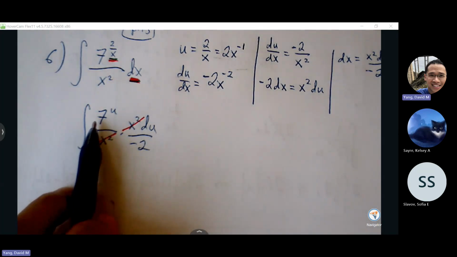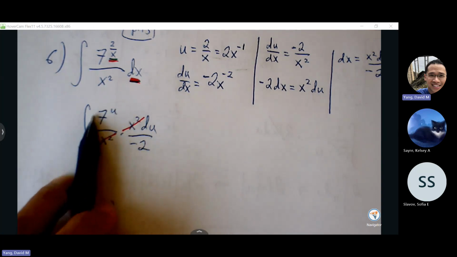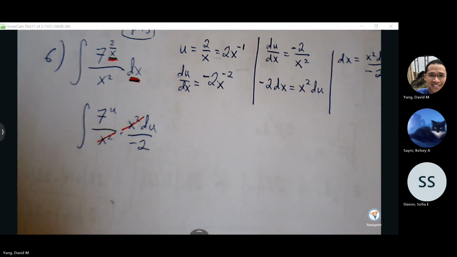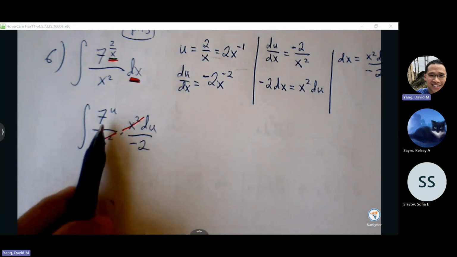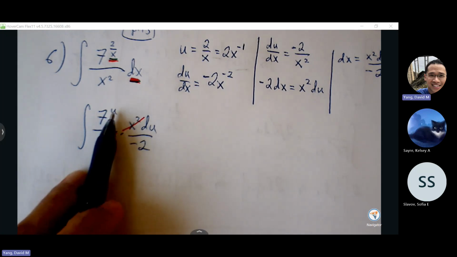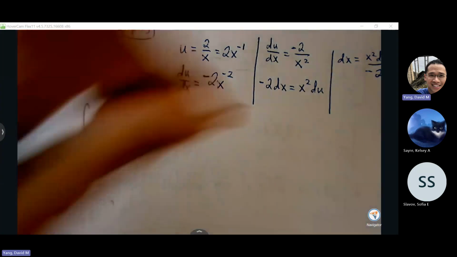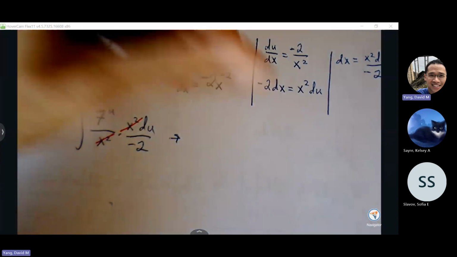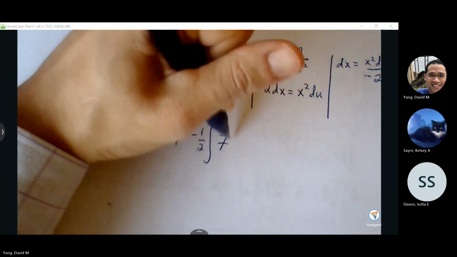Now the 7 is not a coefficient. This is stuck to the u. This is a function here, so we can't touch that 7, but we can do a -1/2. Just make sure that we don't think of that 7 as a number 7. This is a 7 raised to the u. This is a function, exponential function.